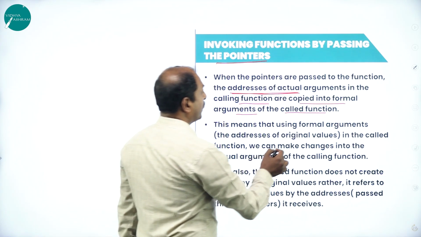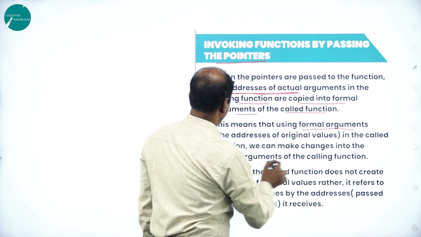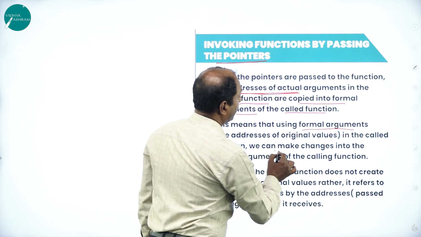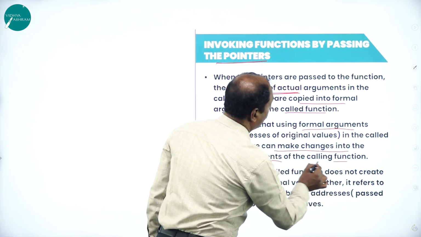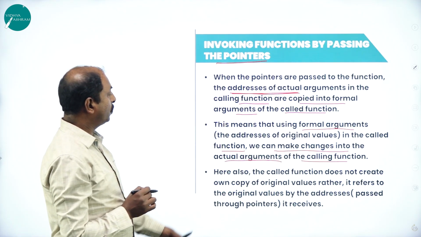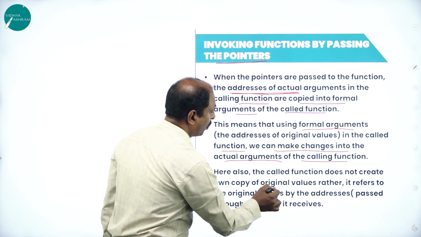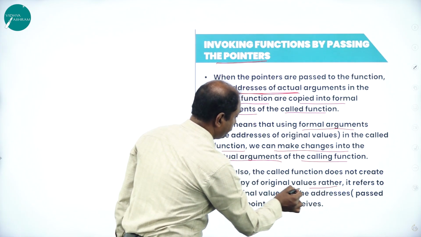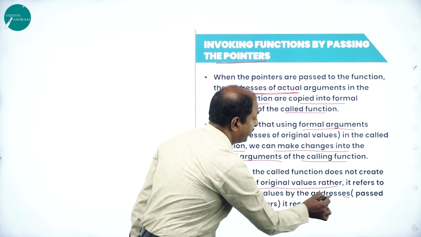This means that using the formal arguments, the address of the original values is passed to the called function. We can make changes to the actual arguments of the calling function. So here the called function does not create its own copy of the original values, and rather it refers to the original values by addresses.